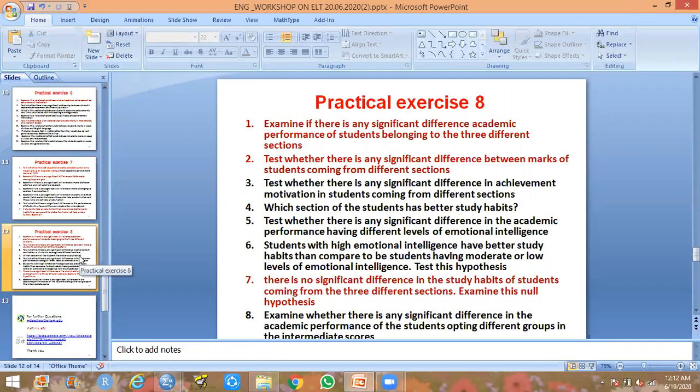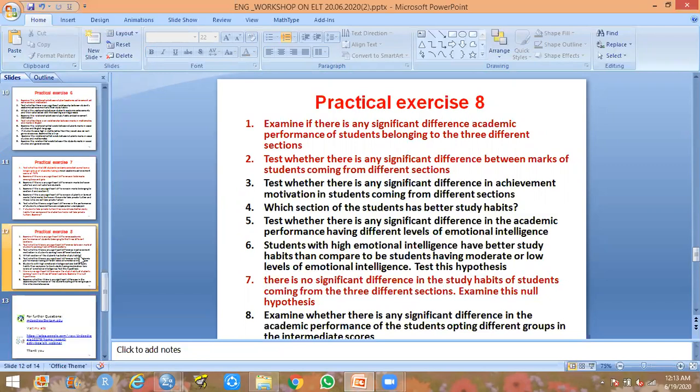We'll discuss one question so that it is easy to do all the remaining questions if I explain one. Examine if there is any significant difference in the academic performance of students belonging to different sections. Academic performance is one variable here, right? There are three different groups, three different sections: section A, section B, section C.